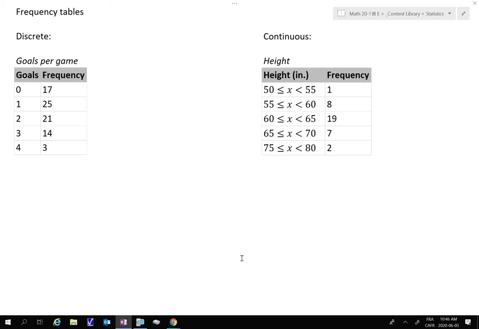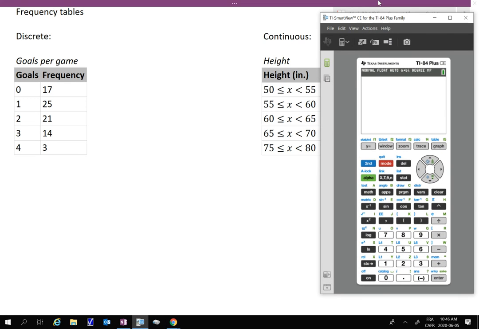So here this is representing the number of times a team scored a certain number of goals per game, let's say. So in 17 of their games, they scored no goals, 25 they scored 1 goal, 21 games they scored 2 goals, etc. So this is grouped. Rather than just having a list where I write 0, 0, 0, 0, 0 17 times, and then 1 25 times, we group it.